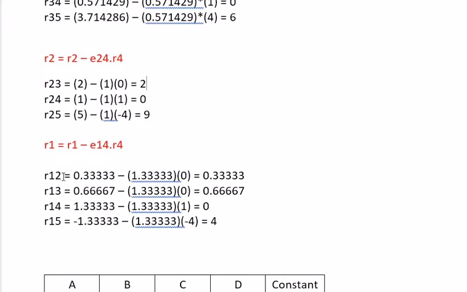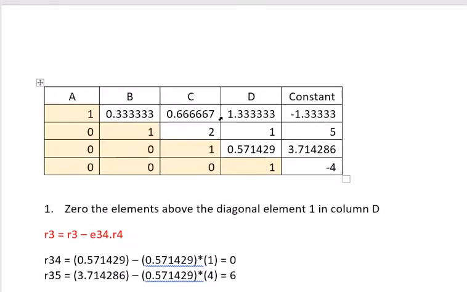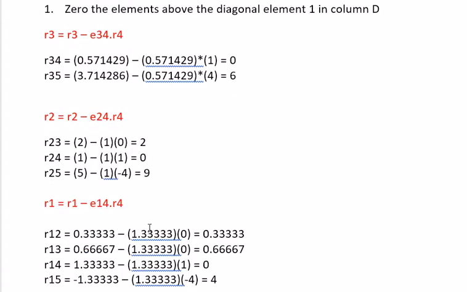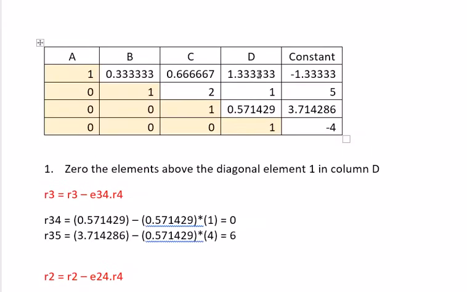So R12 is 0.3333 minus the element in the first row, fourth column, that is 1.333, which is the constant here, times the value of row 4 directly below, that is 0.